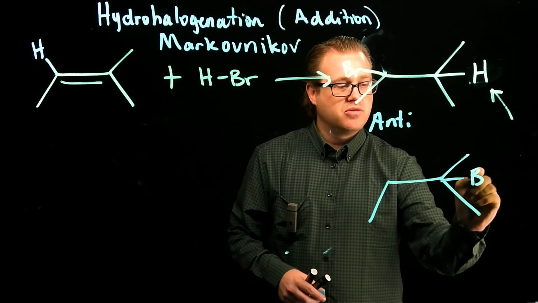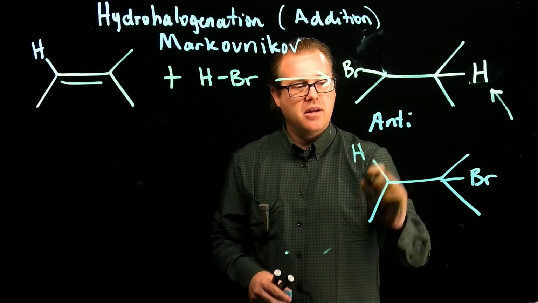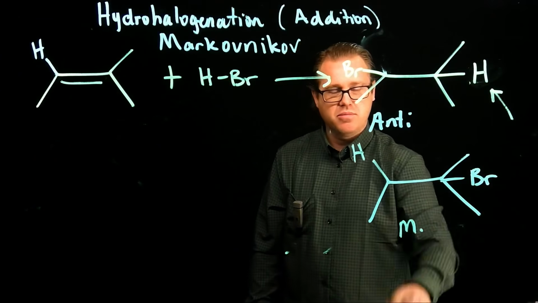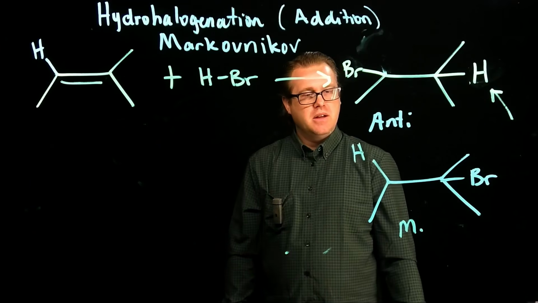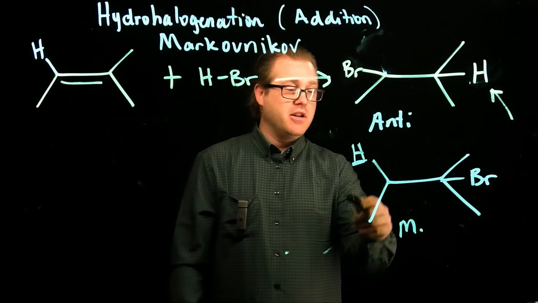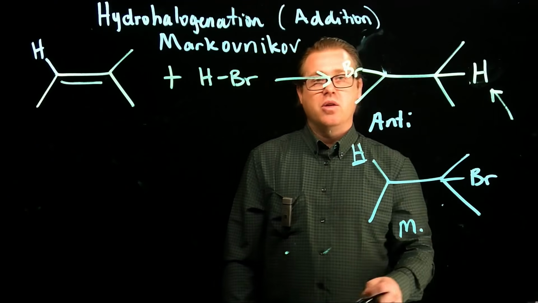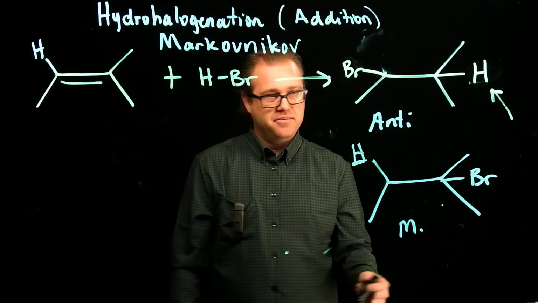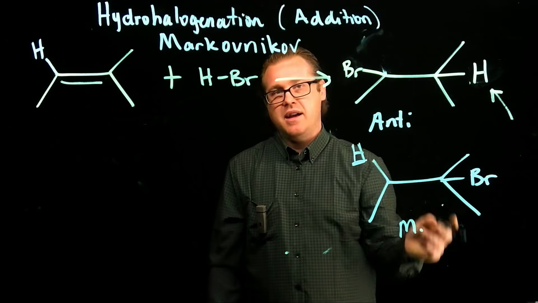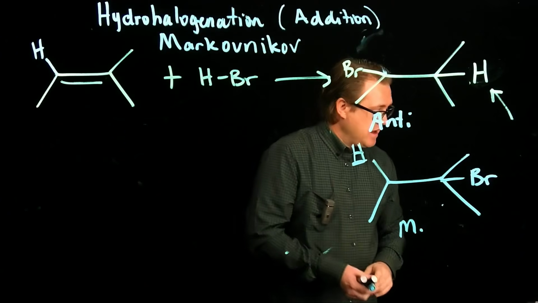And this would be the Markovnikov product. We'll just put an M. So if the hydrogen goes to where Markovnikov says it should, we call that the Markovnikov addition product. And if it does the opposite, we call that the anti-Markovnikov.